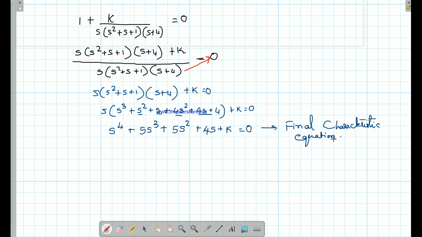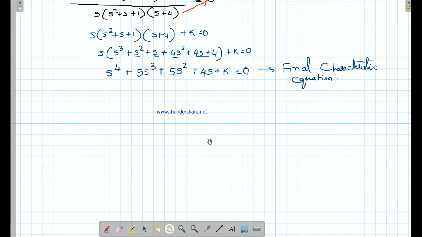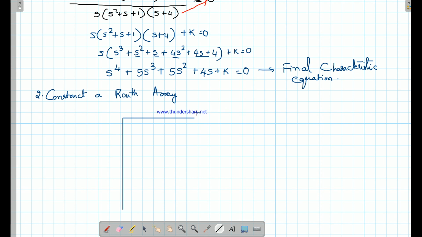So now the next job is we need to construct the Routh array for this characteristic equation. The second step is to construct the Routh array. To construct a Routh array, we need to draw two lines: a vertical line and a horizontal line.